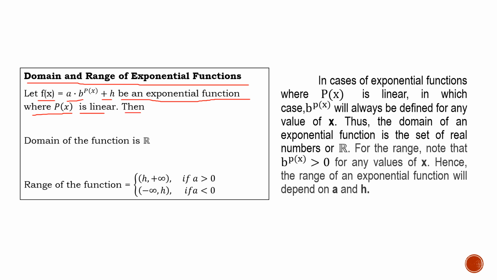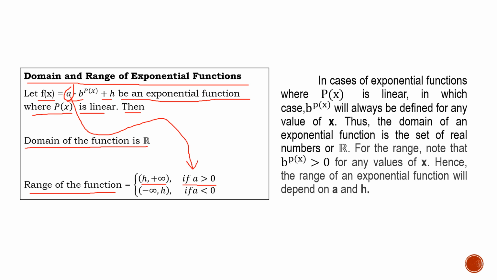Then the domain of the function is real numbers, and the range starts from h to positive infinity if a is greater than 0. So the interval notation for the range will depend on the value of the constant a.